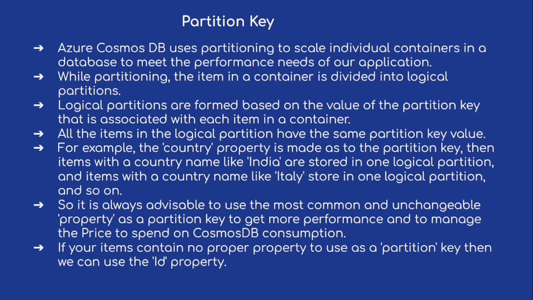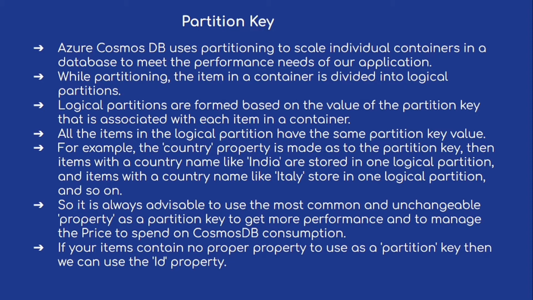Items in the containers, which are the documents, will be stored under a logical partition. Logical partitions are formed based on the value of the partition key associated with each item in a container. So what that means is our document should contain a partition key.